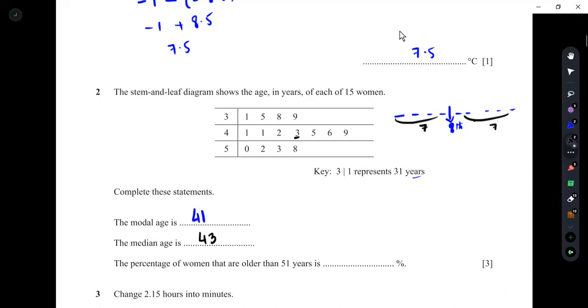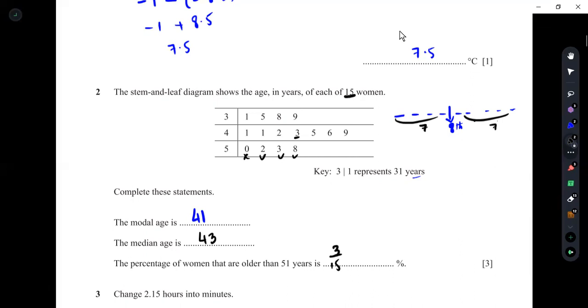The percentage of women that are older than 51 years. We need to find the percentage of women that are older than 51 years. So 51, 50, 50, 52, 53, 58. Older than 51 means we should not count 51. We can take 52, 53, 58. There are 3 women aged more than 51 years out of 15 women altogether. So there are 3 over 15. To find the percentage, we write a fraction that represents the fraction of women that are older than 51.